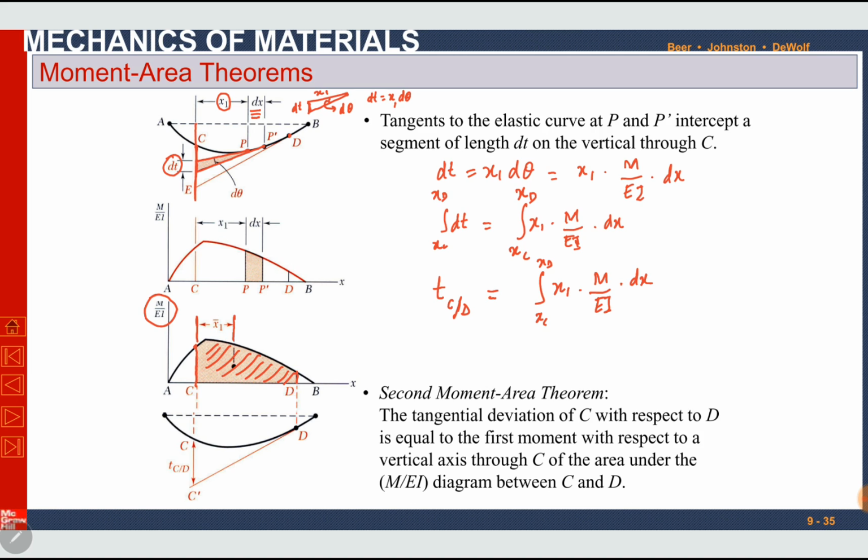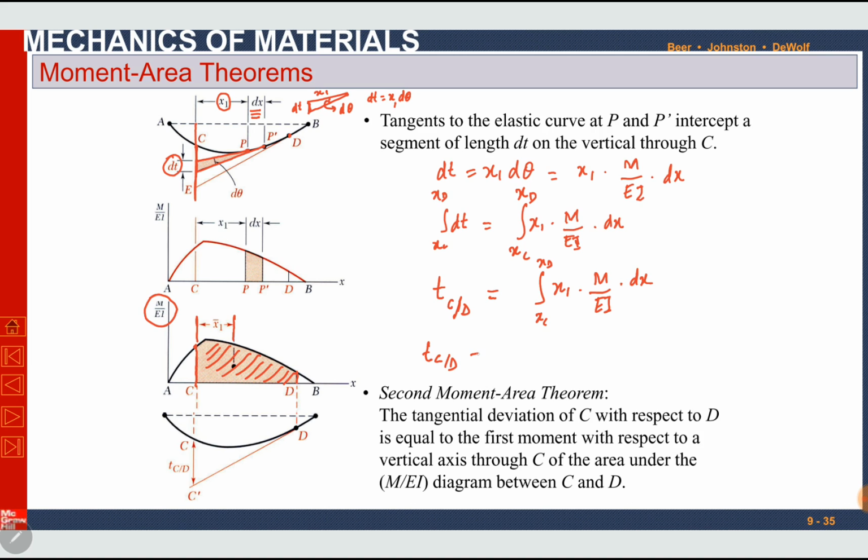This is x1. So we can rewrite TCD, the tangential deviation of point C with respect to point D, like this.